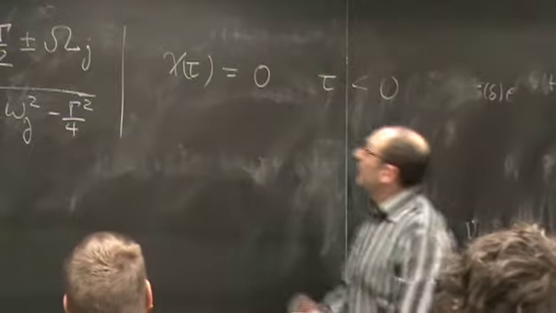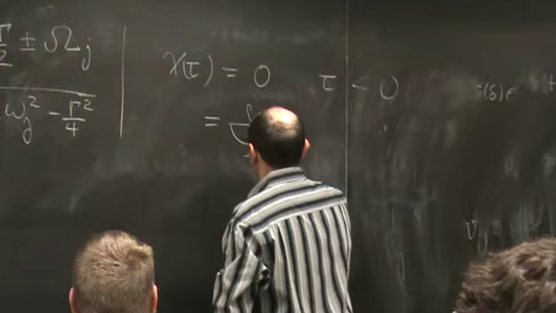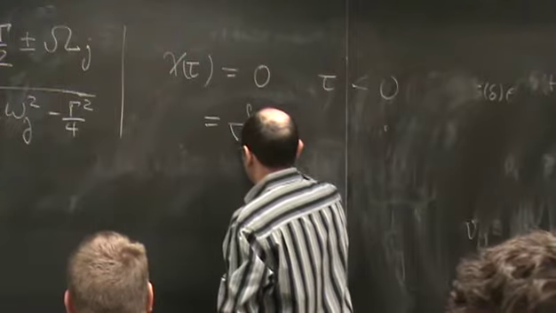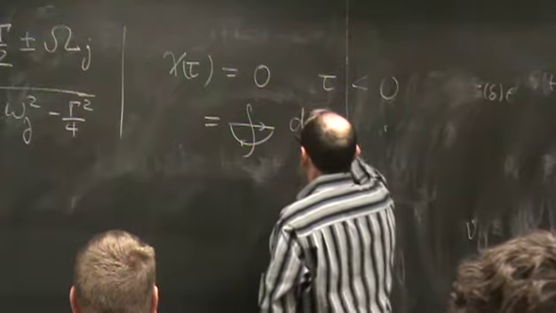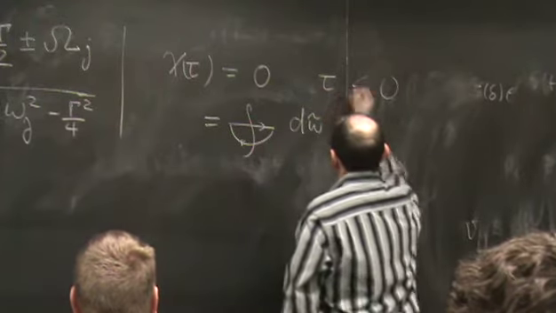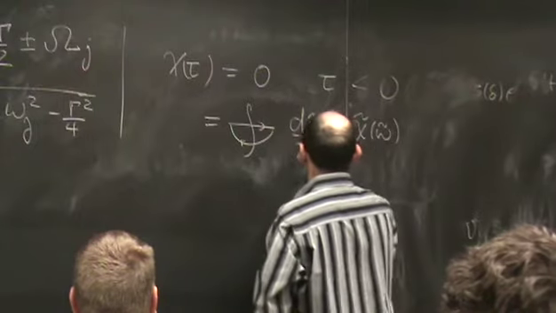And if tau is positive, we have this guy extended into the complex omega plane.